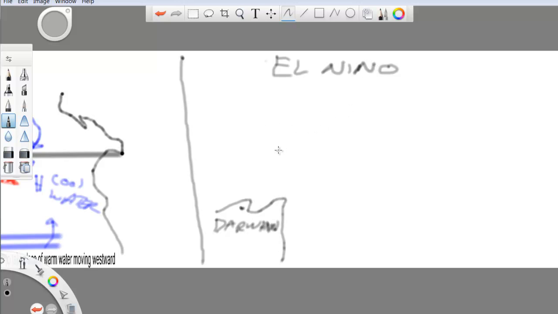Of course, here's our New Guinea. And then over here we have our North America and South America. Of course, over here we have our Tahiti.